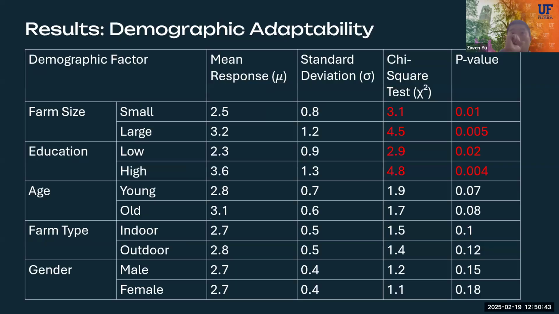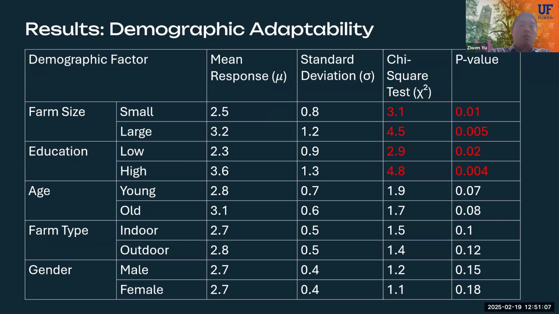Then the results show us that farm size and education are the two key demographic features impacting farmers' perspective regarding data ownership. It really makes sense to us because farm size determines the complexity or workload for farmers in managing their farming practices.